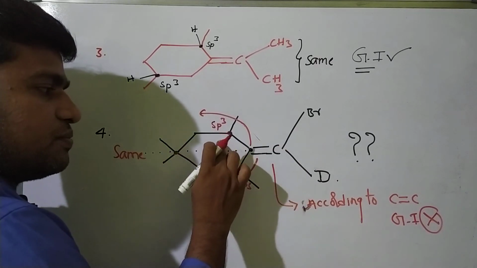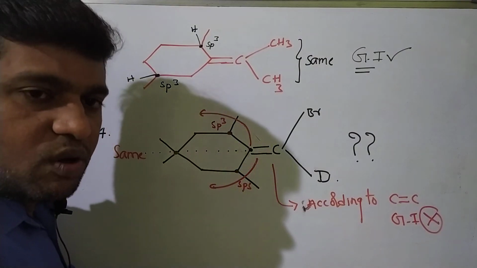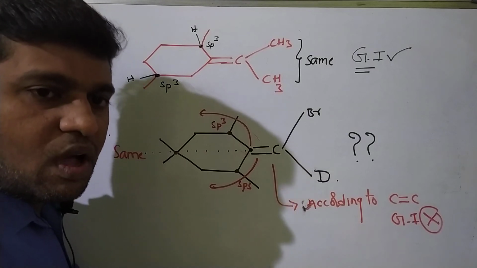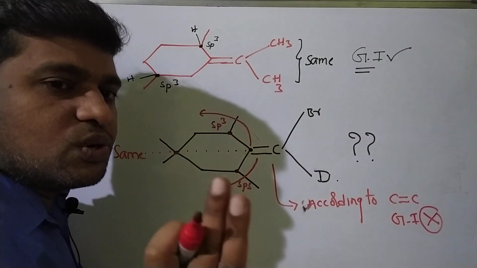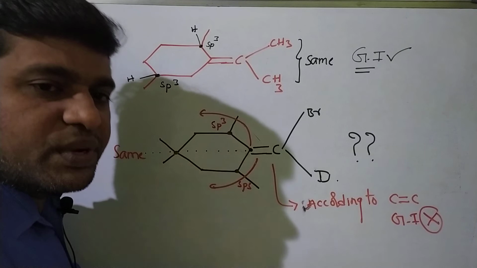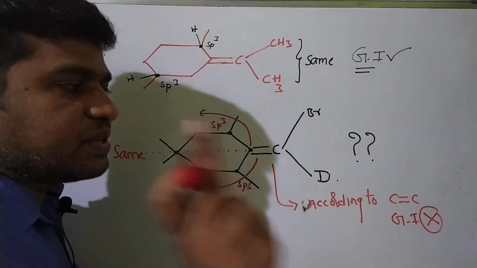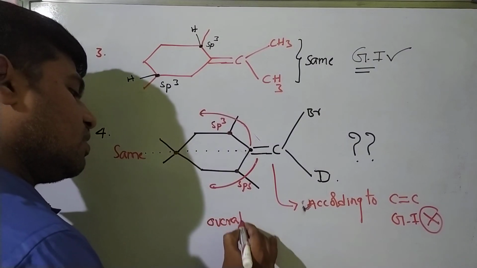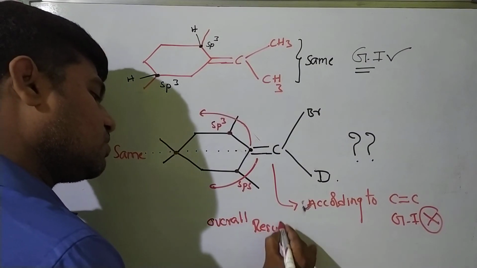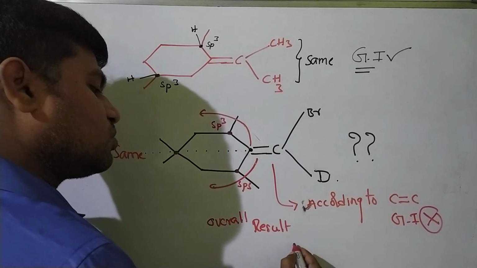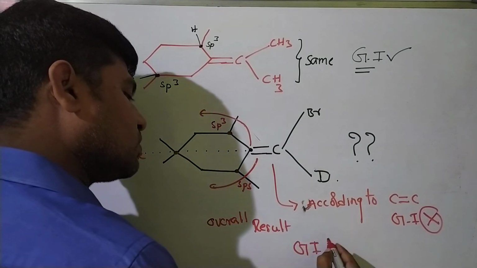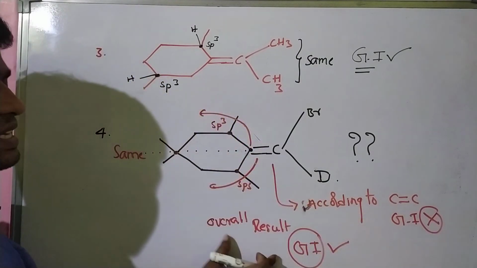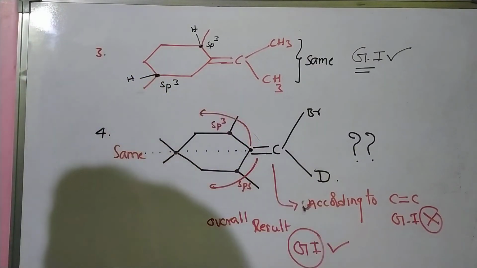But if the cyclohexane has different substituents, at least two different groups on two different sp3 carbons, the overall result is that it shows geometrical isomerism. So please note these examples.